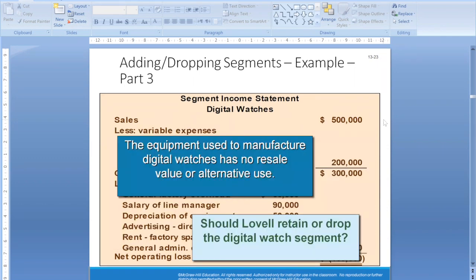The equipment used to manufacture digital watches has no resale value or any alternative use. The question is, should the company retain, keep, or stop the digital watch segment? This is the decision that the company is trying to take depending on this financial information.